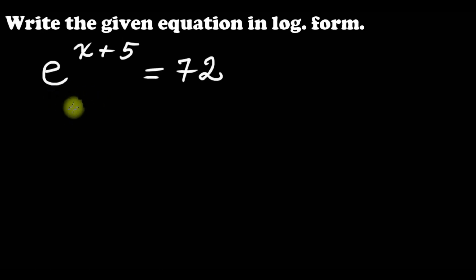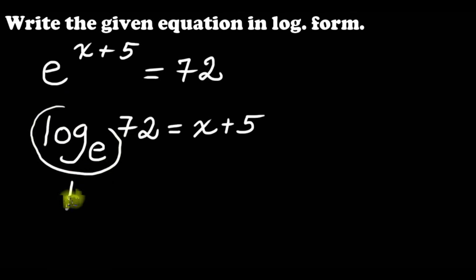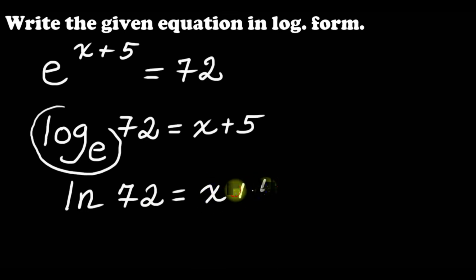Well, it's going to be log, the base is e, so the base goes down here, of 72 equals the exponent, which is the x plus 5. Now log base e is the same as ln, so we can have it as ln of 72 equals x plus 5. These two are the same thing.